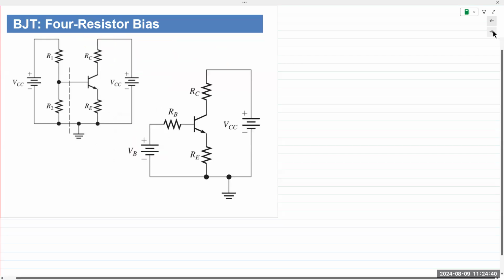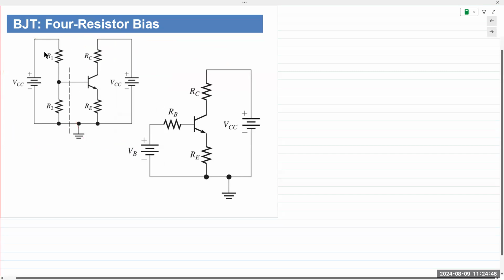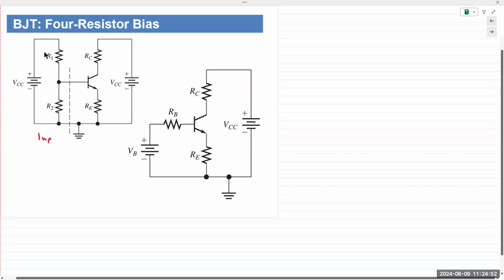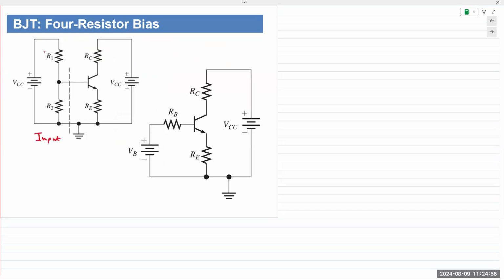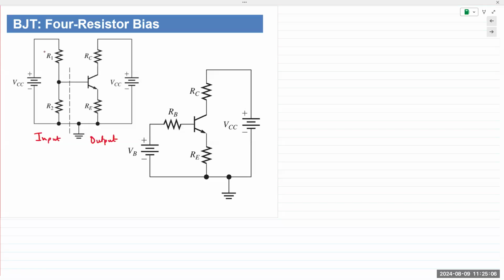And that's what we obtain. This is the equivalent circuit when we divide it into two parts. Input side and the output side. Both sides are powered by the same exact voltage source, but we can obtain a secondary voltage depending on the values of R1 and R2.